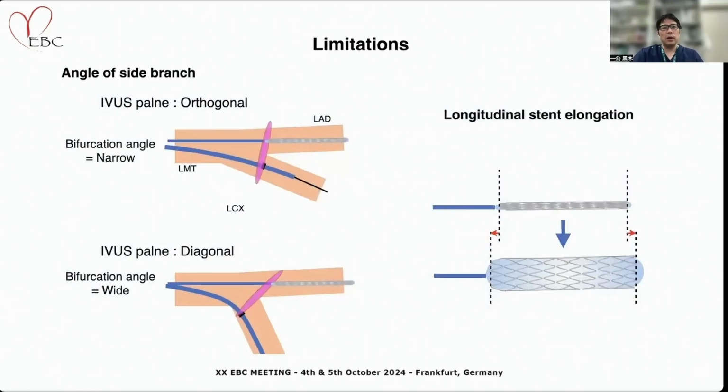This technique might have some limitations. In case the side branch angle is wide, the IVUS plane would be diagonal, and the stent would be placed more distally than expected. And next, we must consider the impact of stent elongation after stent deployment.